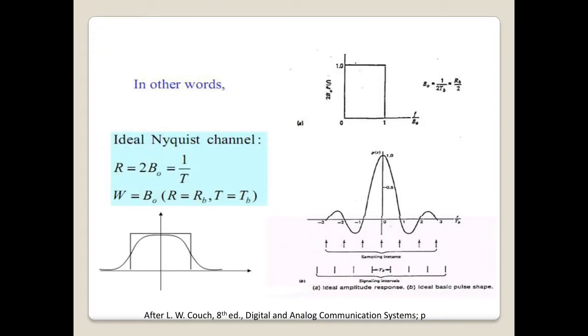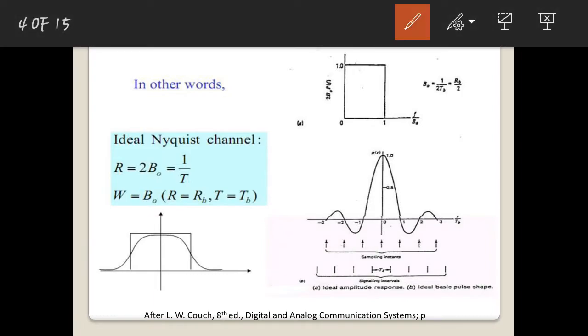Usually, if a line code is represented, we have the information as a time domain signal. The signals are represented as a rectangular waveform, and the time period of every bit is called TB, the bit time period.